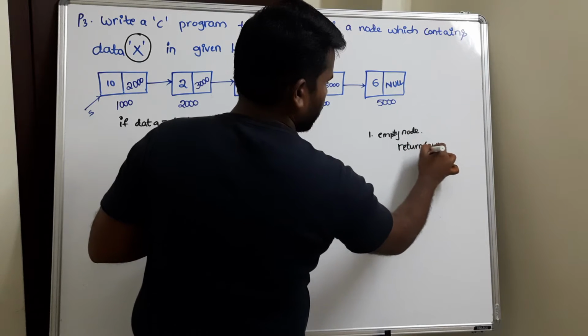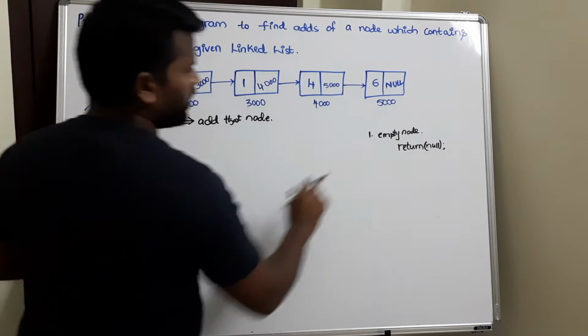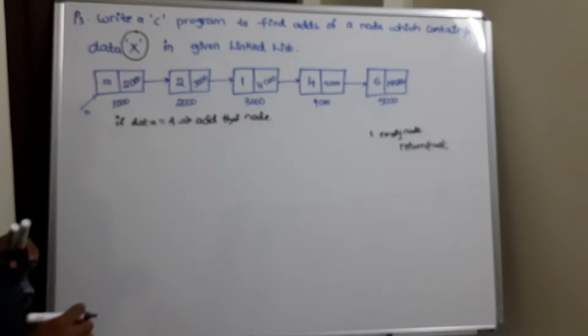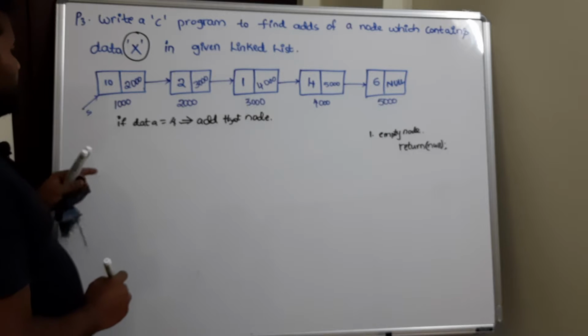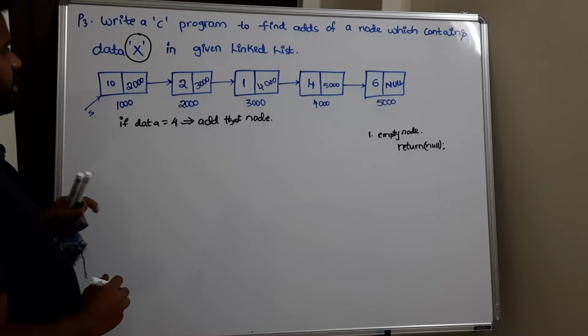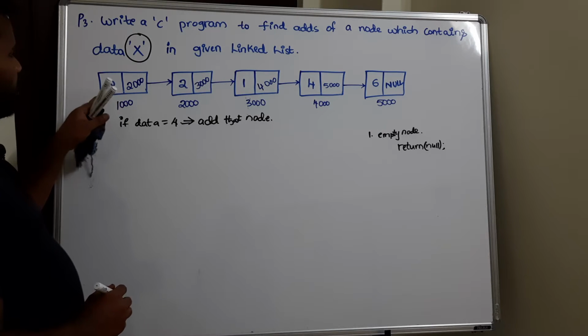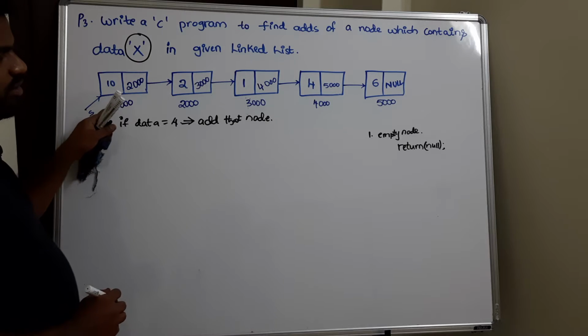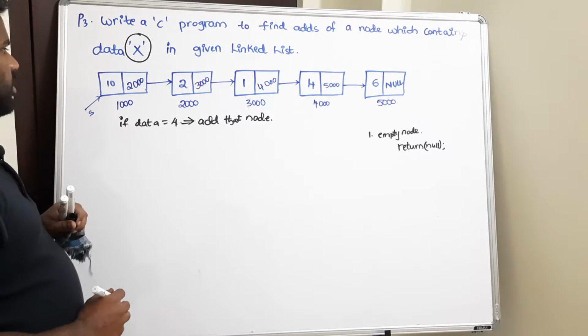Because if it is empty, then you need to return a null node. So if it is not empty, then we need to proceed with that data. If it is not empty and it doesn't find any value, then again we need to return null.